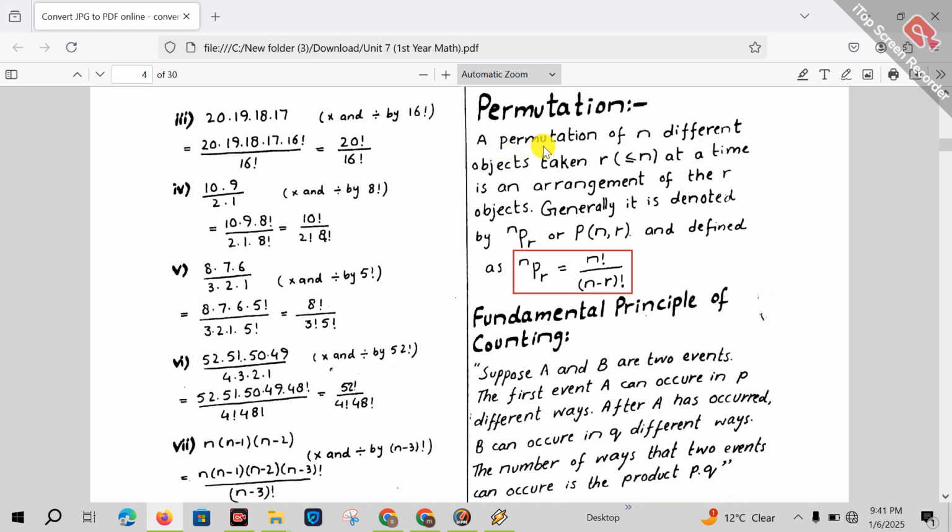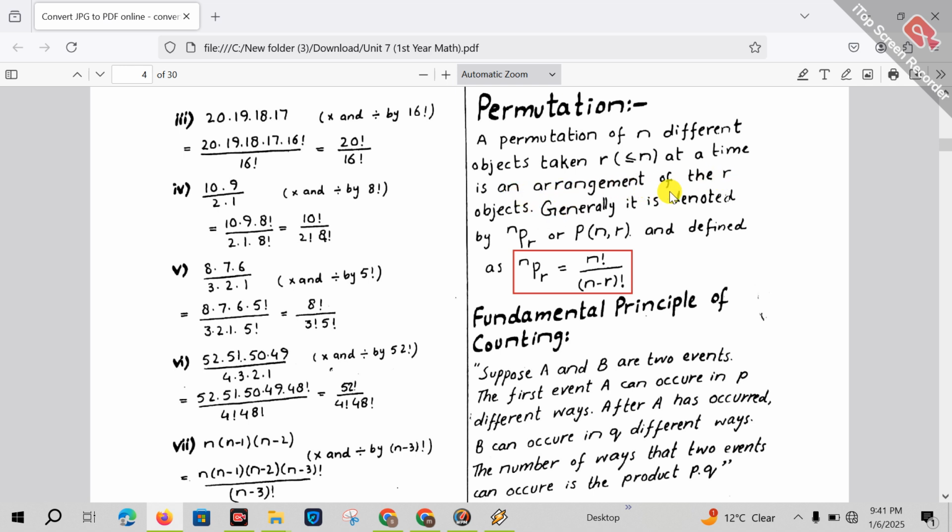So permutation of n different objects, suppose we have n different objects, then permutation of these n different objects taken r at a time means that we have total objects n, and from these objects we are taking r objects at a time. This is an arrangement of r objects.